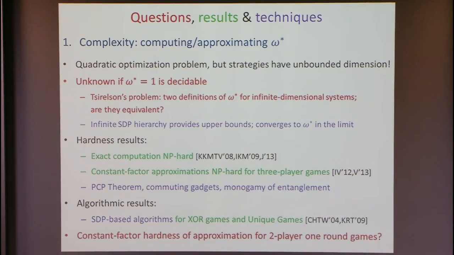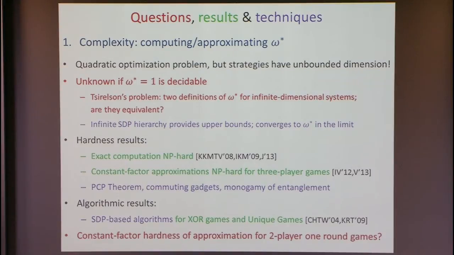What are you calling the PCP theorem? I guess a positive answer to the last line. You could, in a way. Then there's this result, the NP hardness, but for three players. So then you can insist on having two players, which is what I'm doing here.